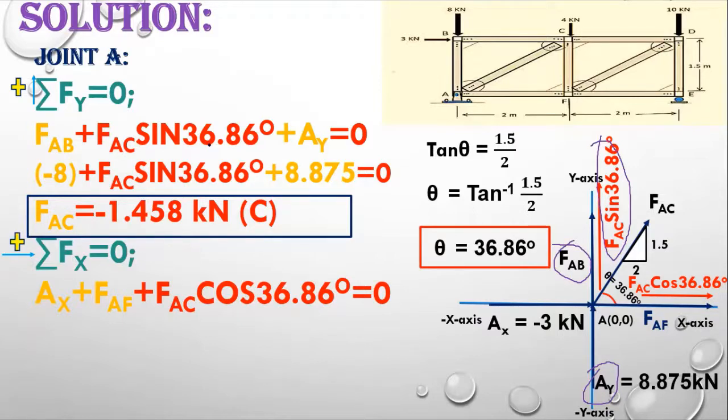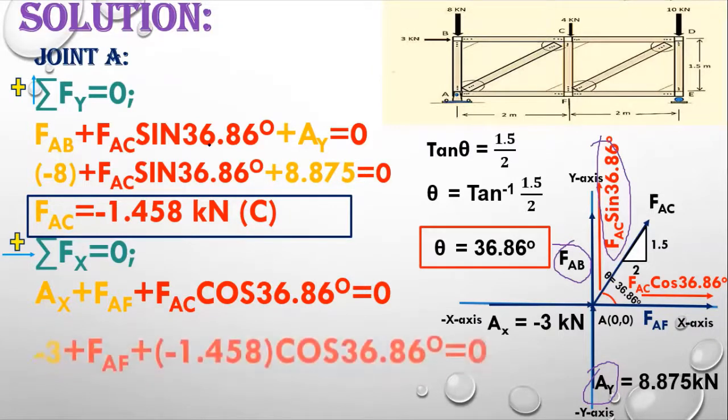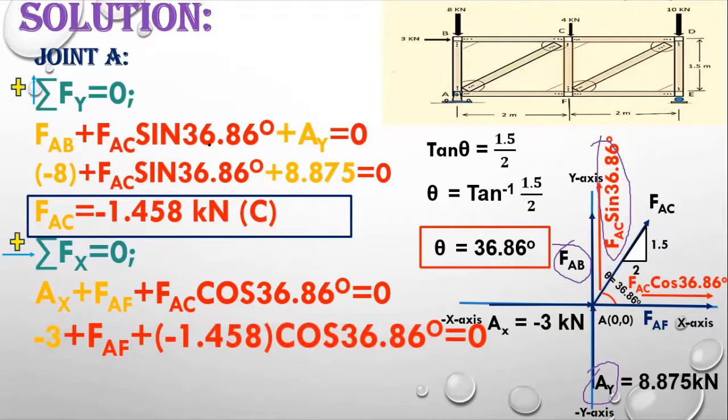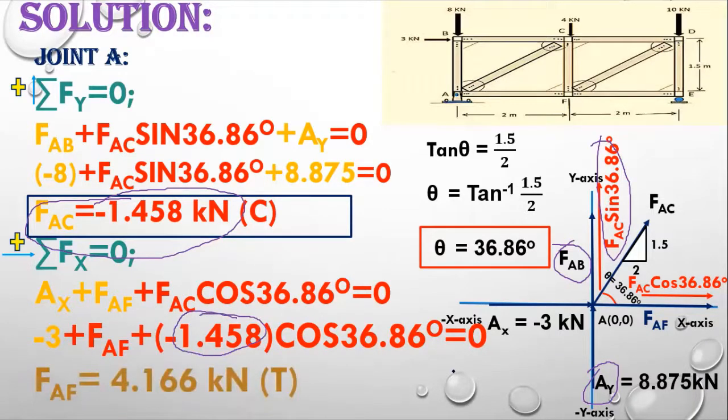So we put the value of AX, that is -3, which we calculated earlier in the slide, then FAF, and the value of FAC, that is -1.458, which we have already calculated here. We put it in the bracket with the minus sign and cos 36.86. FAF comes out to be 4.166 kilonewton, and that member force is tensile in nature.